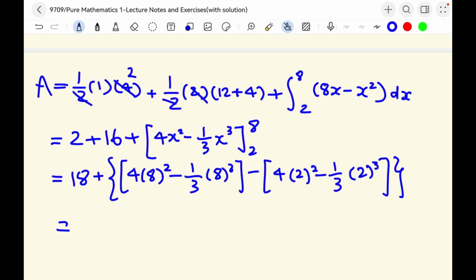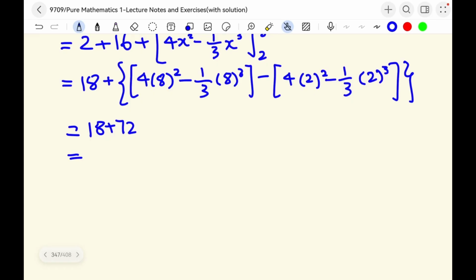It's the 18 plus 72. So your final answer is an integer. It's 90 units squared as your final answer for the area of the shaded region.